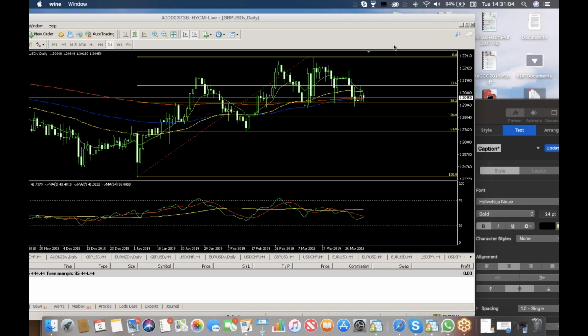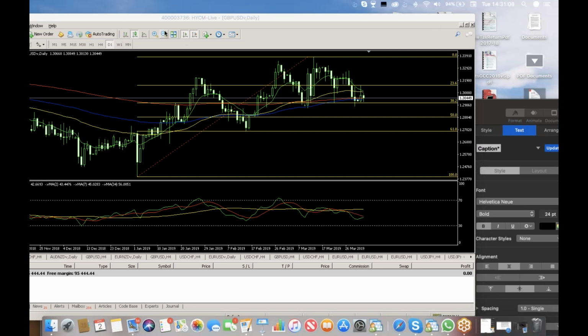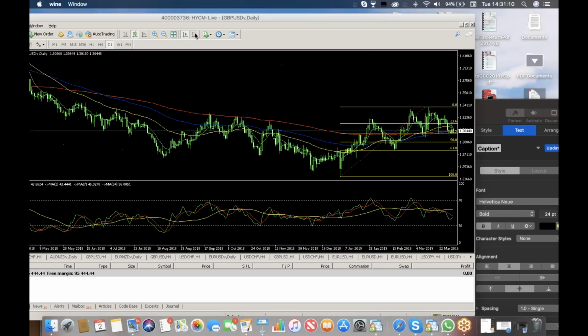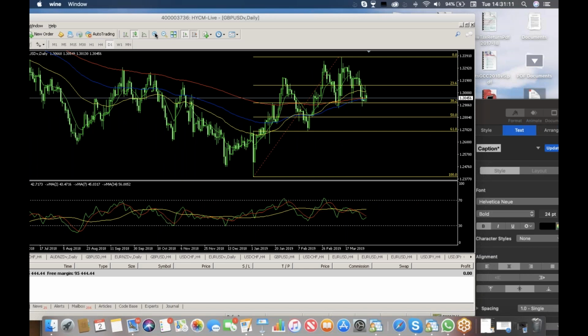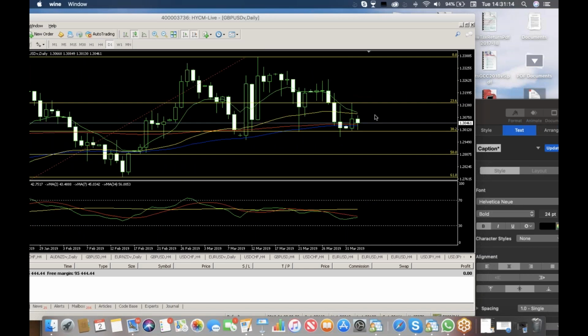Here we go. Now, looking at this chart, we can see that price is just rejecting that 100 and 200 moving average. Price was bought yesterday on the expectation that perhaps a deal would be done, that perhaps one of the indicative votes would be accepted.